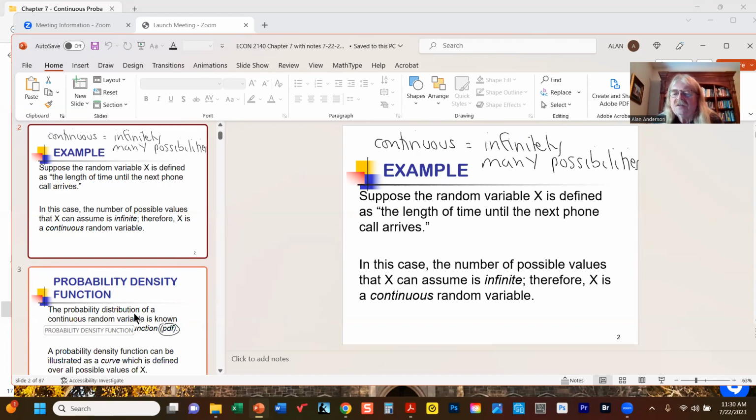And all of a sudden, that means there's literally an infinite number of possible times until the next phone call. So that means that this random variable x that we've just introduced is actually what we will call a continuous random variable, and the probability distribution associated with it will be known as a continuous probability distribution.